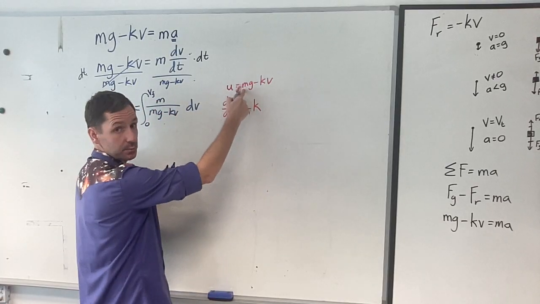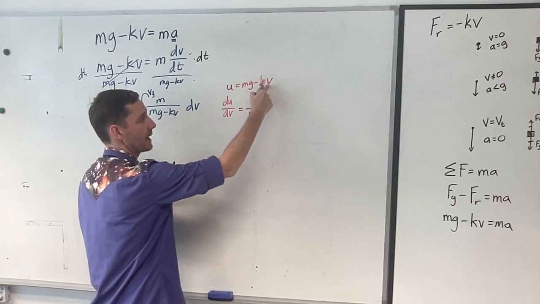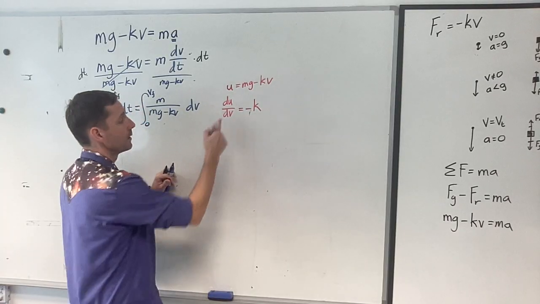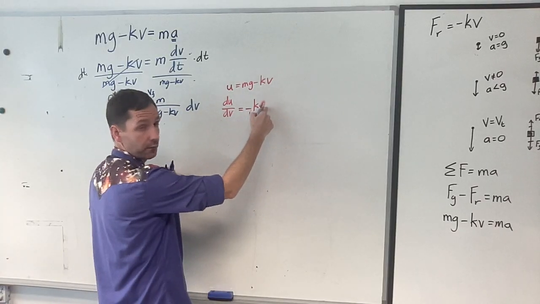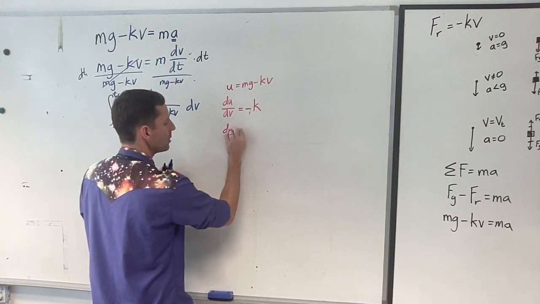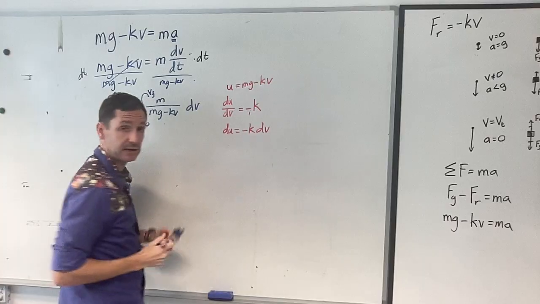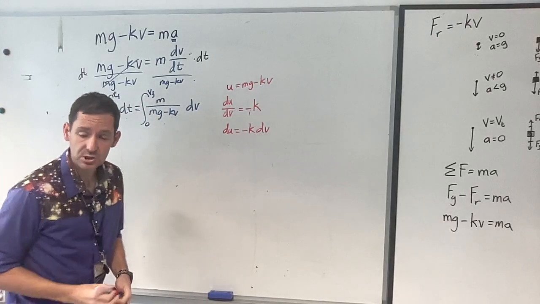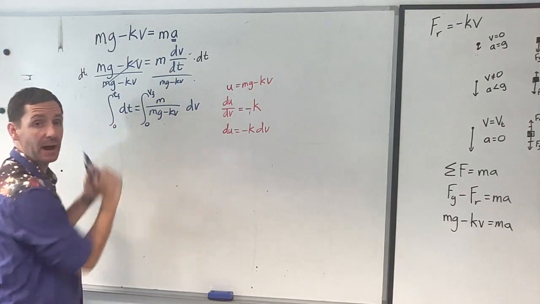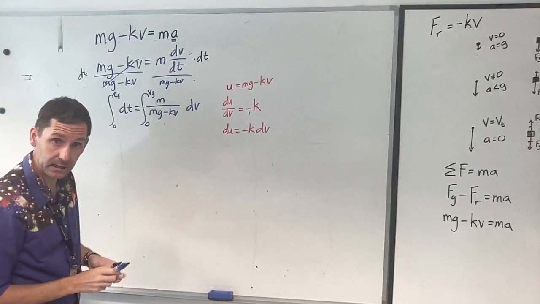Because the derivative of this would be 0, the derivative of that would be negative k. Then I will move the dv back over, and so I get du is the same thing as negative k dv.